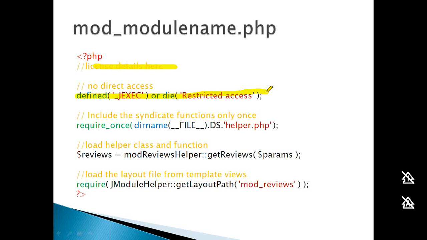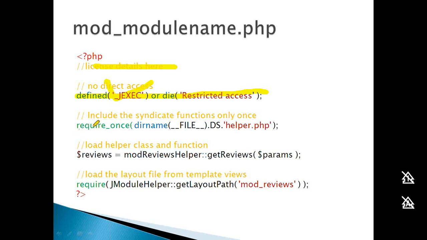If you try to directly access this particular file, it won't allow you. So with the help of this, you can block unwanted connections, unwanted access to your files. And yes, it is with the help of Joomla conventions, with the help of Joomla syntax. So we should use it like this. For the further detailing part, we can possibly cover it separately.